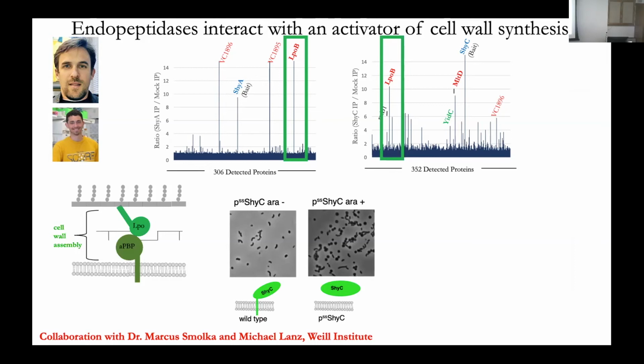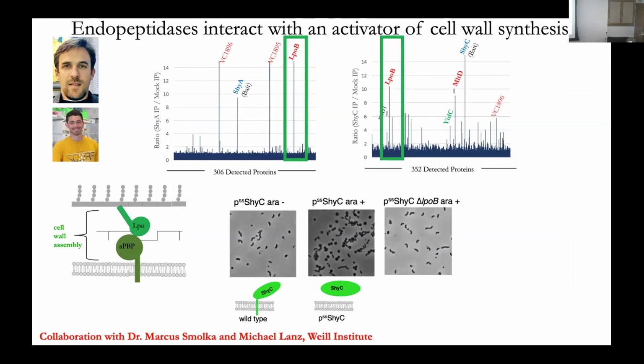We don't have much to go on yet, but we can use this horrible phenotype from a few slides ago to at least run some preliminary tests on it. So this ShyC, devoid of its transmembrane signal, induces sphere formation at some point. So maybe the reason it does that is because if we overexpress it freely floating in the periplasm, it has more of a chance to interact with its activator, LpoB.